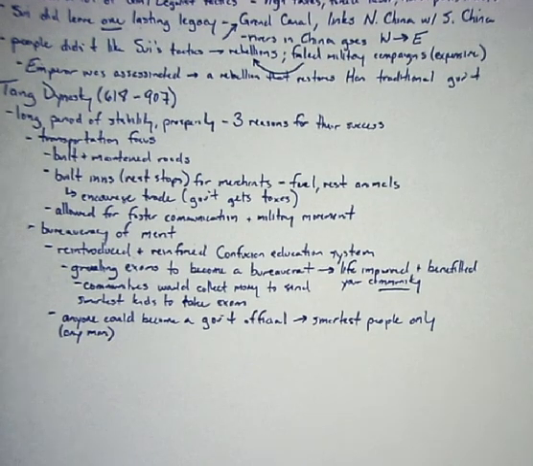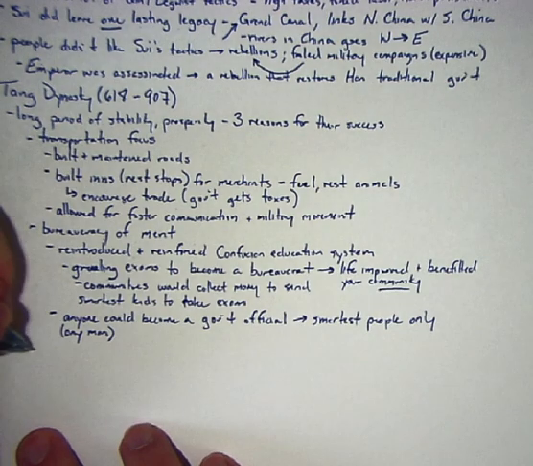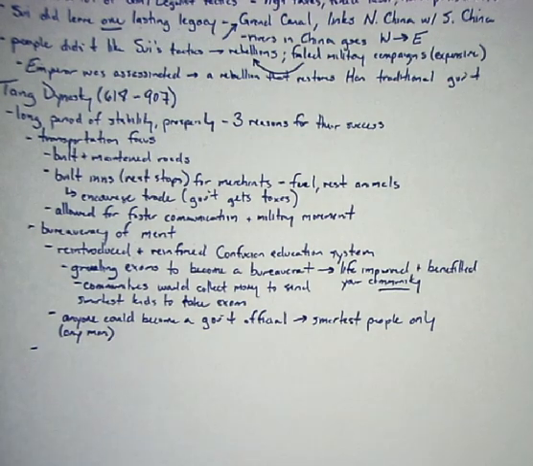One other reason why the Tang were so successful is that the Tang figured out a way to help poor people have some money. Because remember, one of the big reasons that the Han Dynasty collapsed and the Roman Empire collapsed, was that there was this growing gap between the rich and the poor.